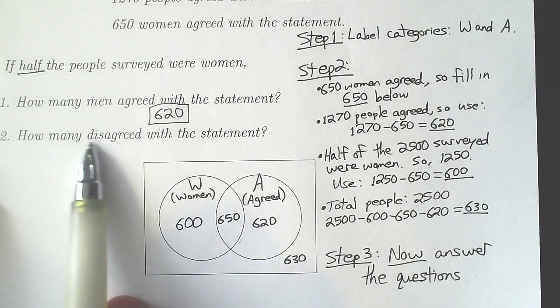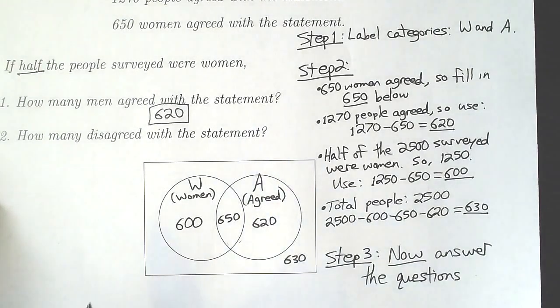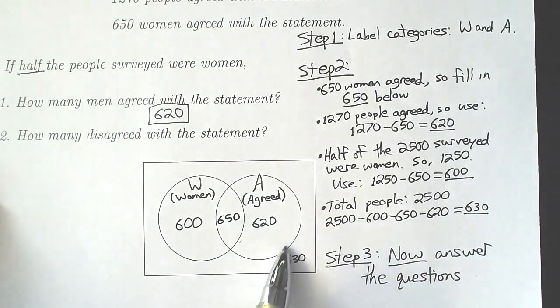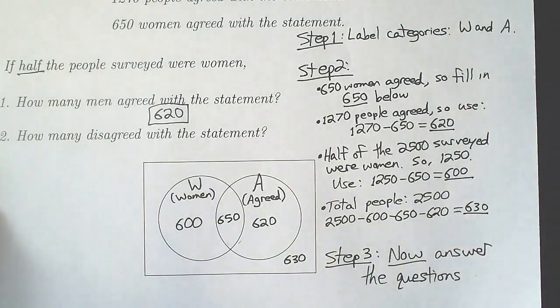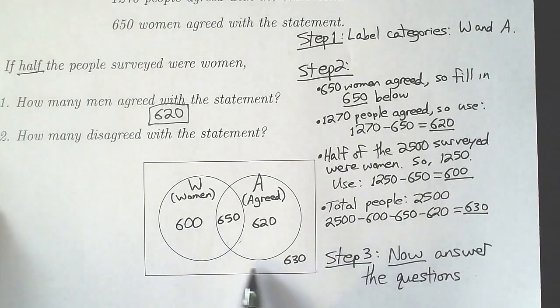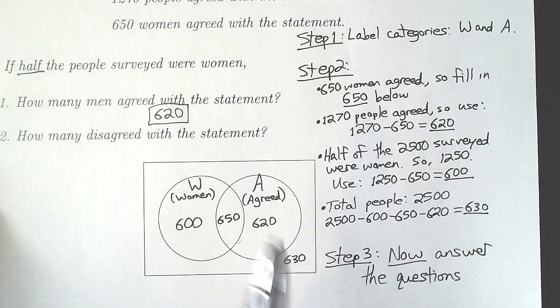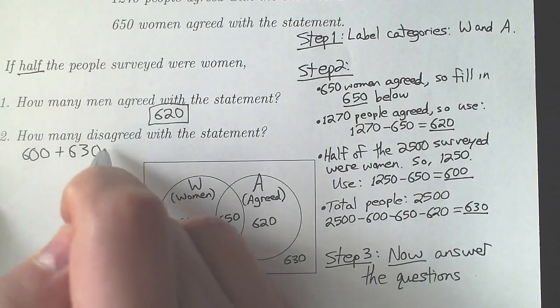And then how many disagreed with the statement. So how many total people disagreed? Well, it would be all the people that are not in A. I just used the word not, so we could say the complement of A. It's the 600 people here and the 630 people here. 600 plus the 630.